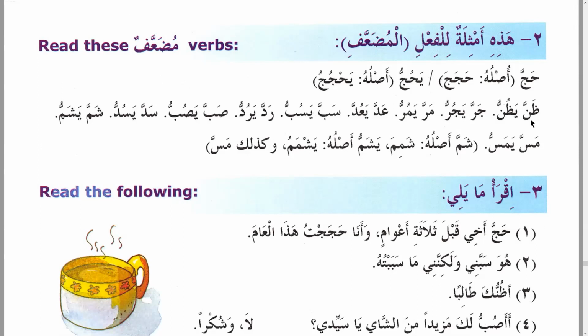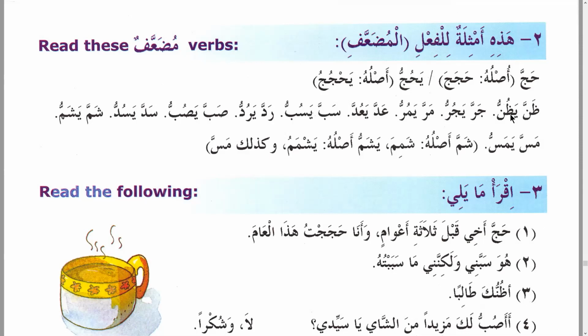Right, so there are so many verbs. Dhanna, yadhunnu. Same thing like hajja, yahujju. I try to conjugate this. Dhanna, dhannu, dhannat, dhannata, dhanantu, dhananna, dhananta, dhanantuma, dhanantum, dhananti, dhanantunna. It comes in the Quran. Atadhunnuna, yadhunnu, yadhunnani, yadhunnuna, tadhunnu, tadhunna.